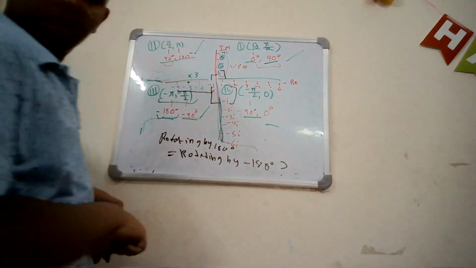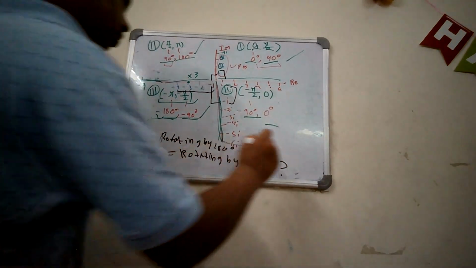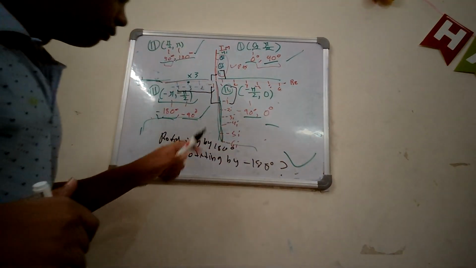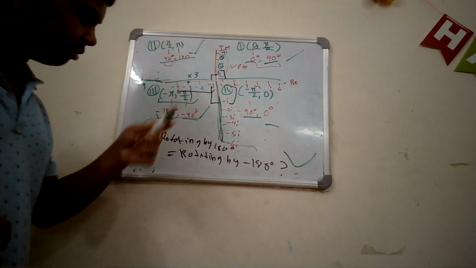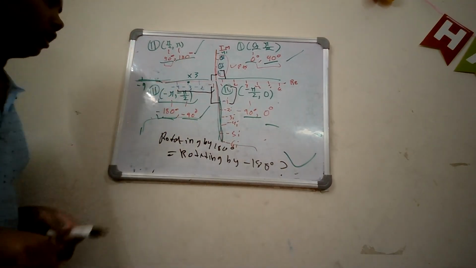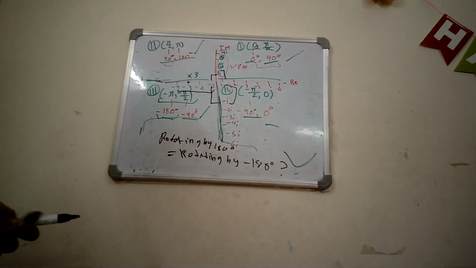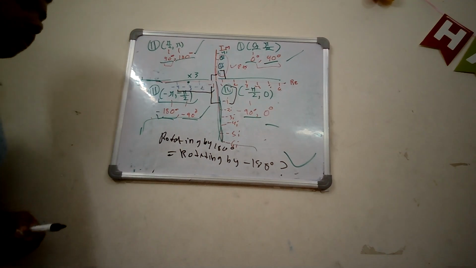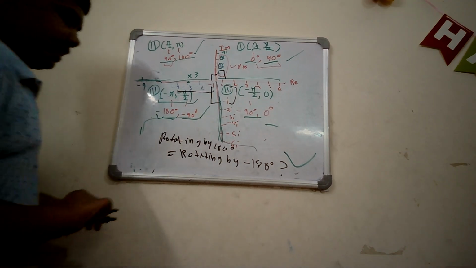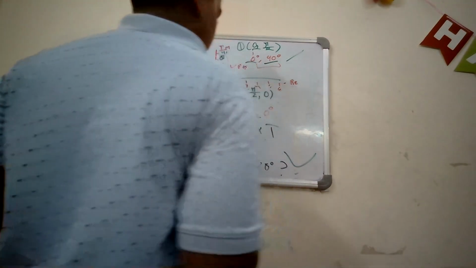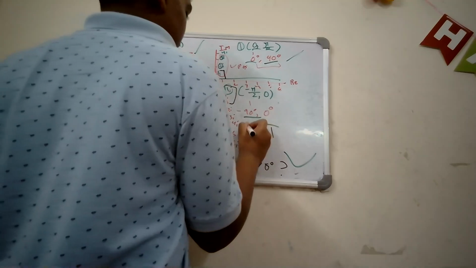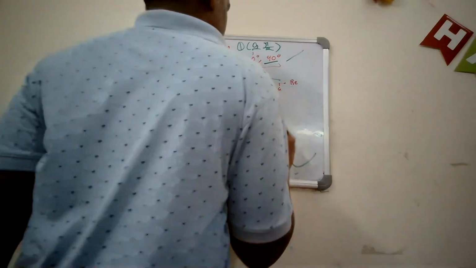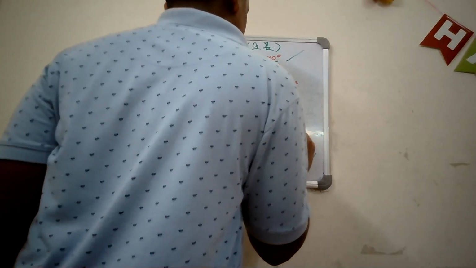The answer to this is yes, this is correct. Rotating by 180 degrees and negative 180 degrees is equal. Because, for example, if you multiply a number by negative 1, it will be 180 degrees.